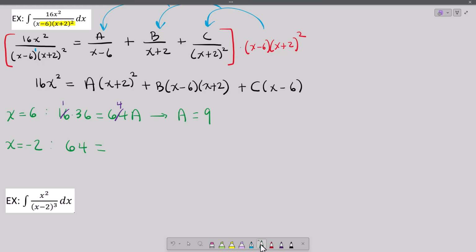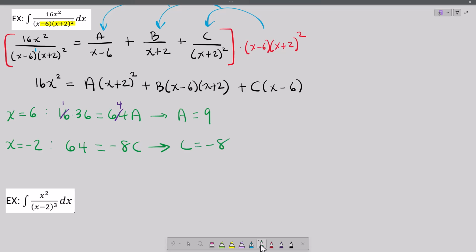Plug it in on the right, -2 here, gone. -2 here, 0, gone. So we only plug it in here, -2, -6, -8. So -8c. So what is c equal to? -8.